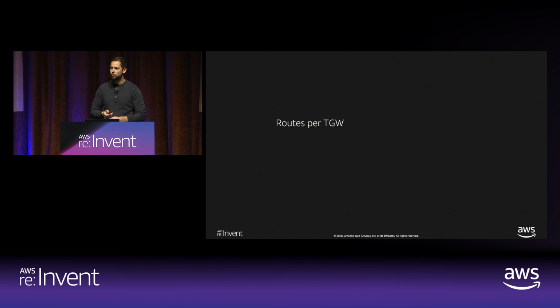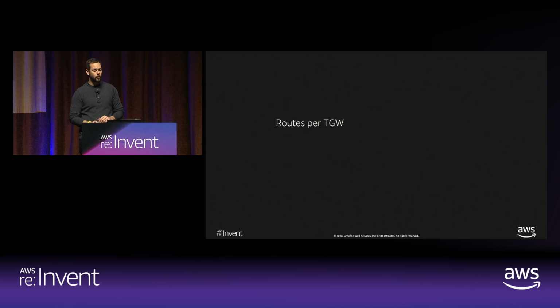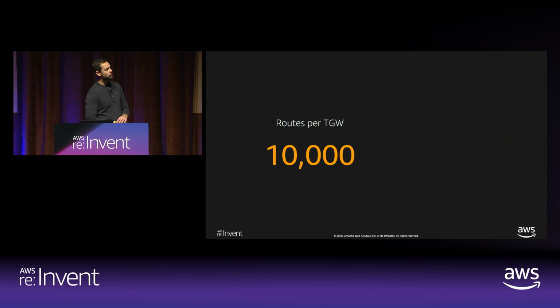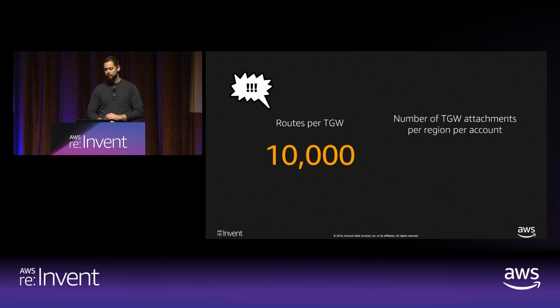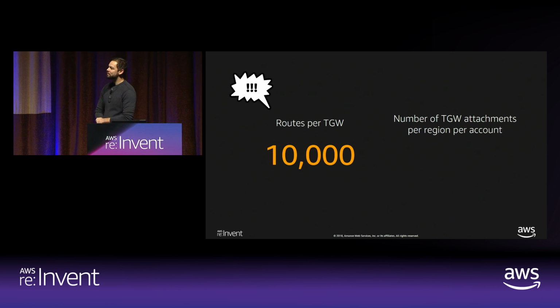Routes per TGW. How many routes can you have? Well, in a VPC, you can have 100 routes. That was the limitation we talked about earlier. On the TGW, it's 10,000. 10,000 routes. That's amazing. It's awesome. I'm trying to get my animation count up again.